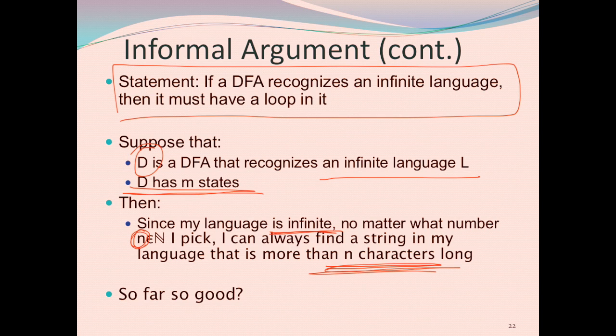If I pick the number 72, it's an infinite language, so I'm going to have lots of strings, an infinite number, that have more than 72 characters in them. If I pick the number 1250, there's a string in there that has more than 1250 characters in it.